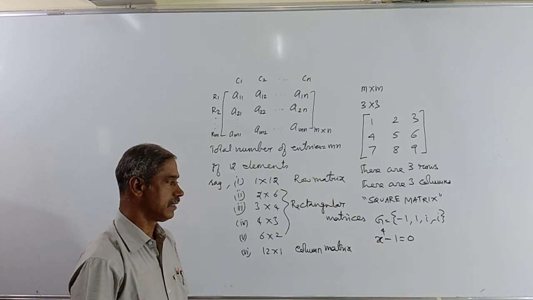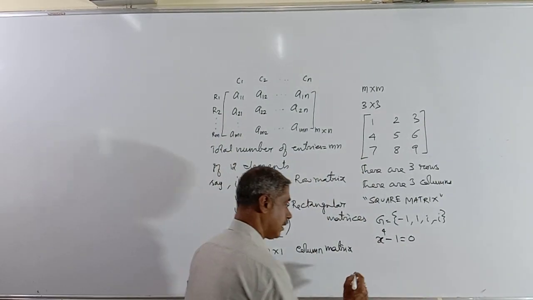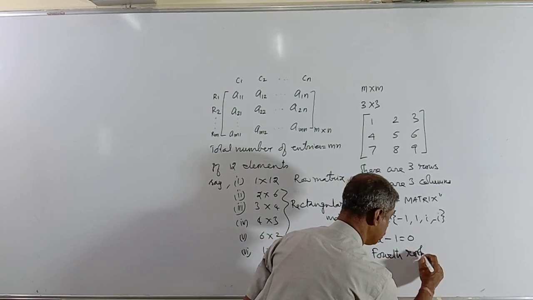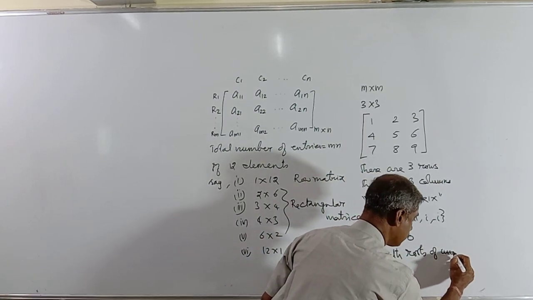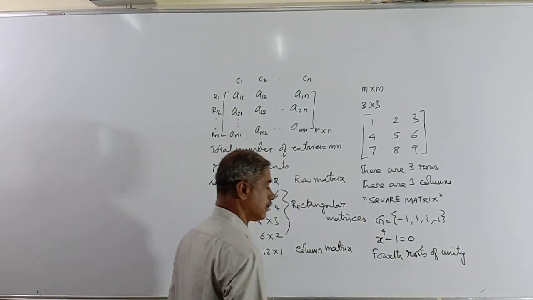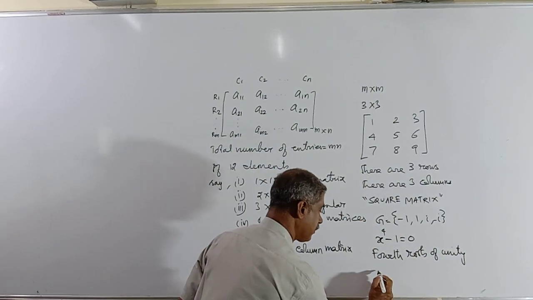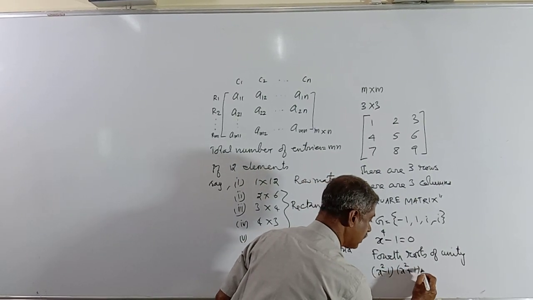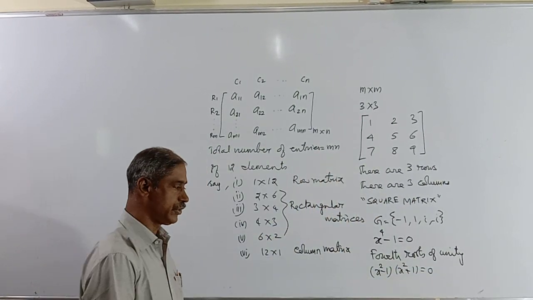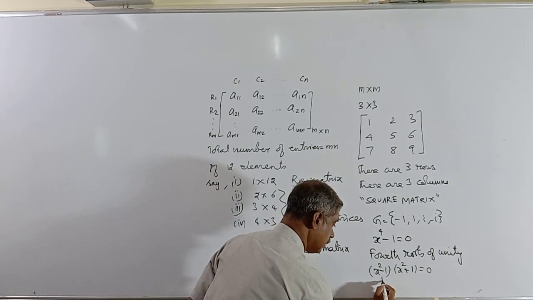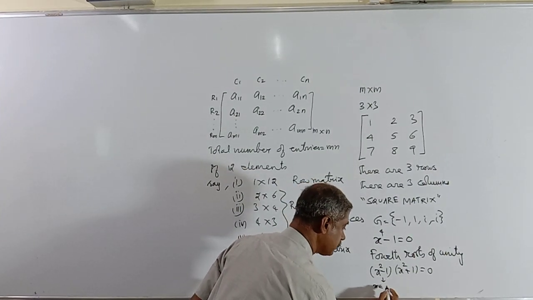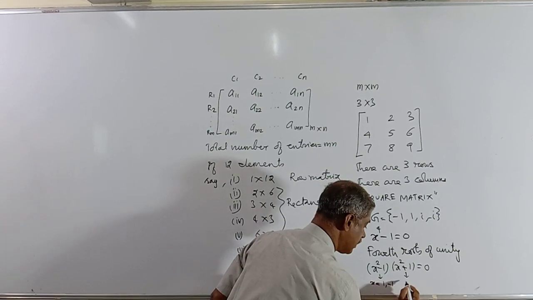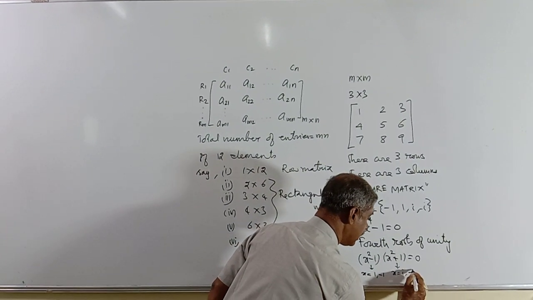We call these the fourth roots of unity. When we find the fourth roots of unity, we get (x^2 - 1)(x^2 + 1) = 0 as the factors of the initial form. This gives us x = +1 and -1, and the other factor gives us i and -i.